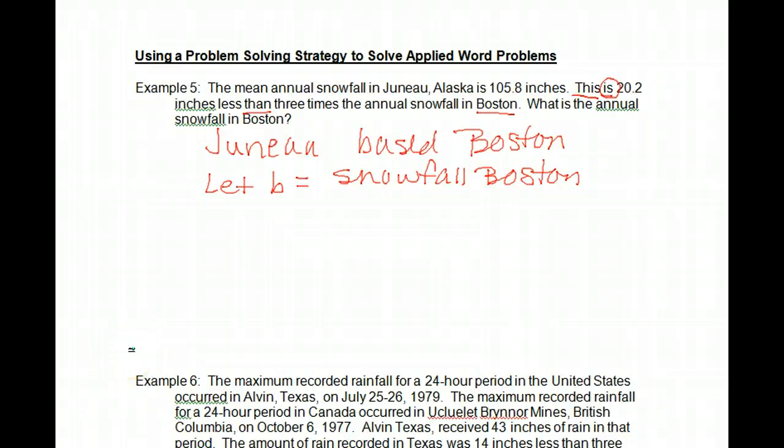So now that we know that our starting point is Boston, what we want to do is come up with a statement that's going to represent Juneau.